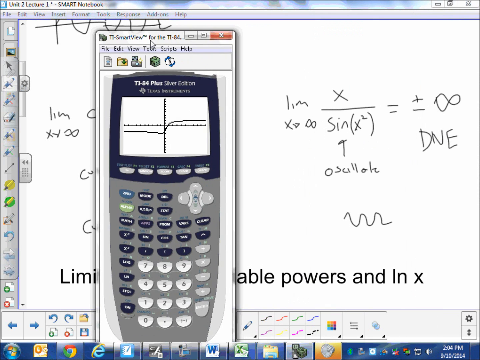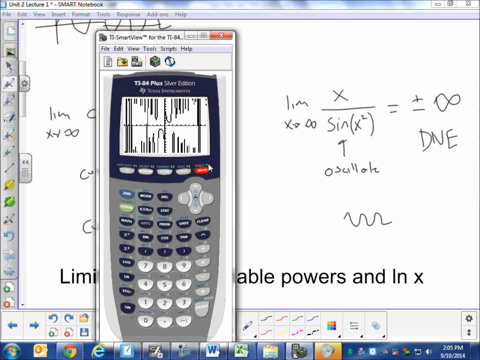Let's look at x over sine of x squared. As I get further away from 0, my function will grow more and more, up and down.